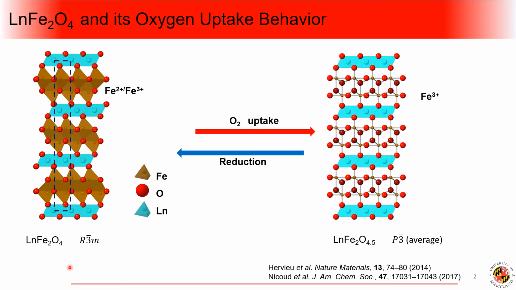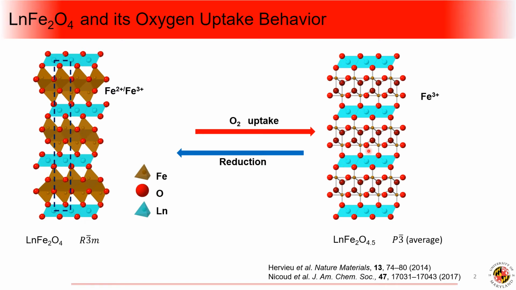At the same time, there will be a structure phase transition happening. Initially, it has the R3̄m structure, and after the oxygen uptake, it becomes LnFe2O4.5, which is a P3̄ structure.